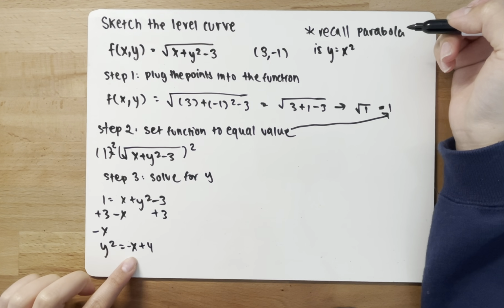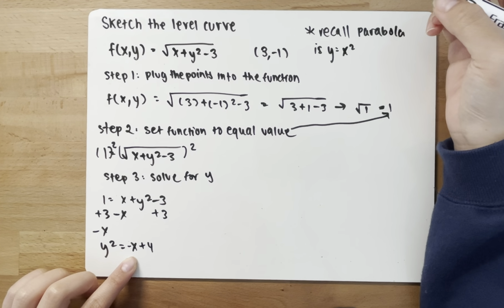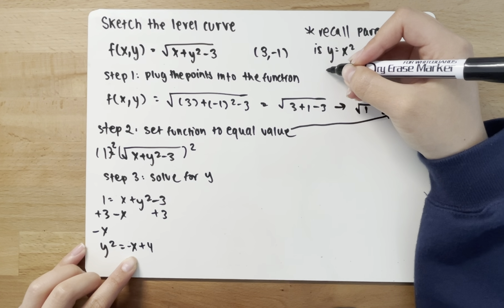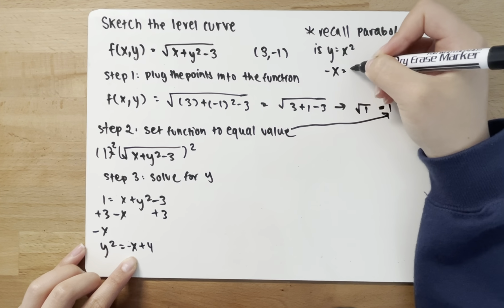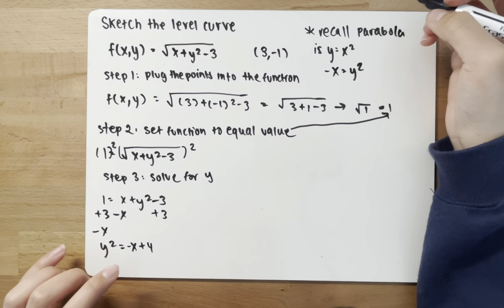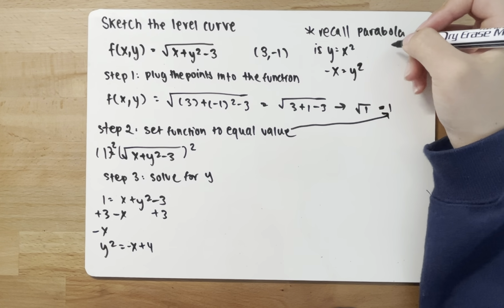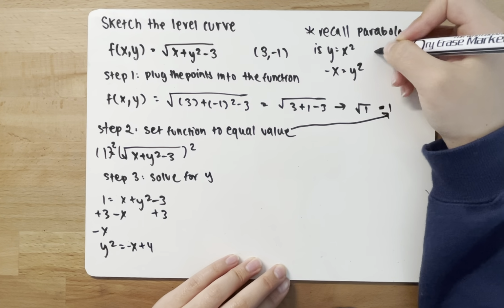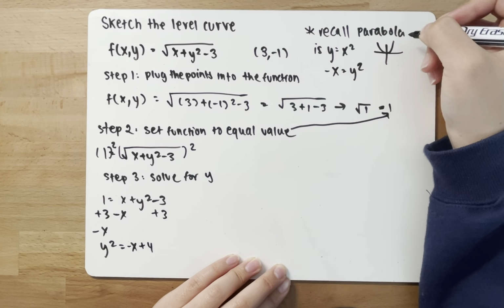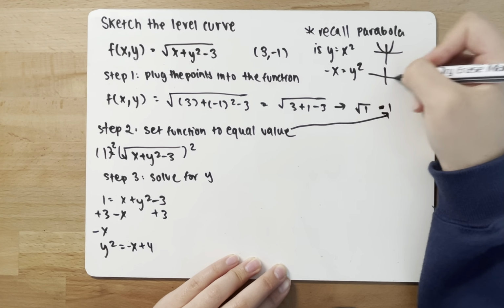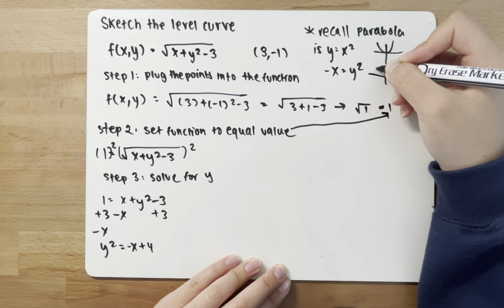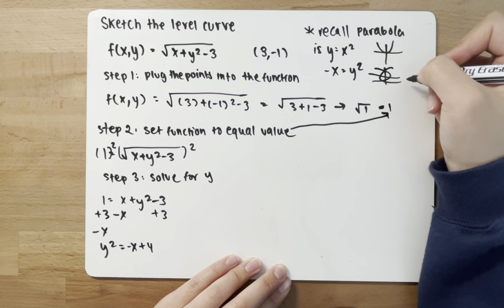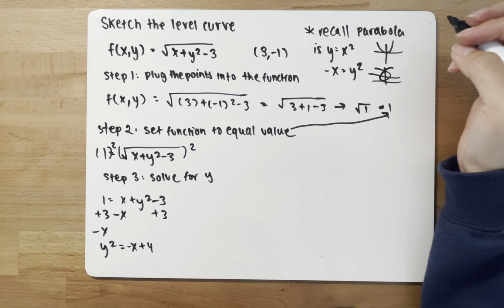But here we have something along the lines of negative x equals y squared. Therefore, instead of having a parabola that goes this way, we're going to have a parabola that goes either left or right, okay?